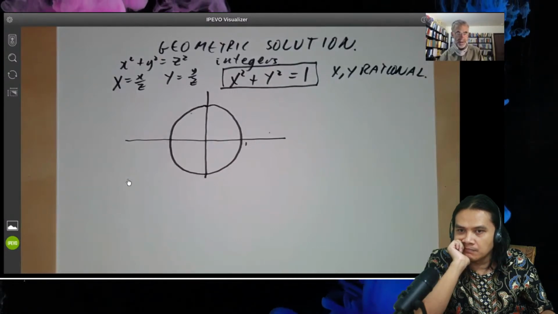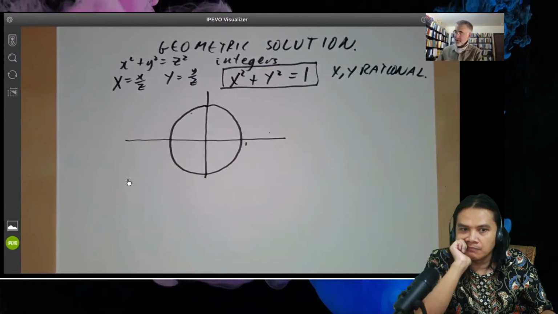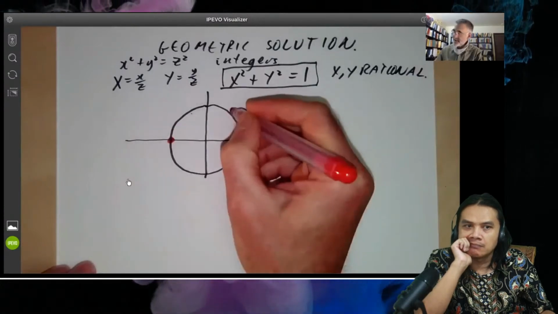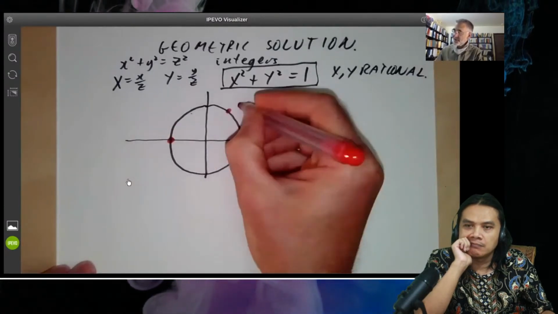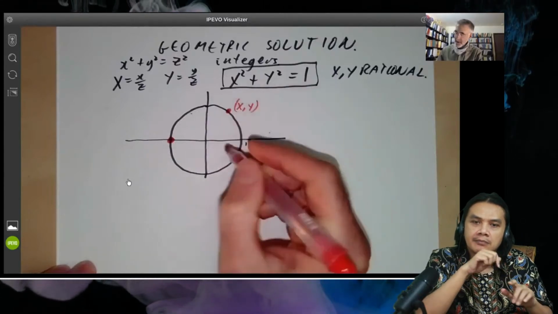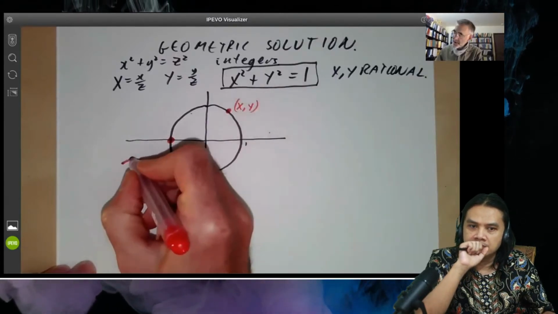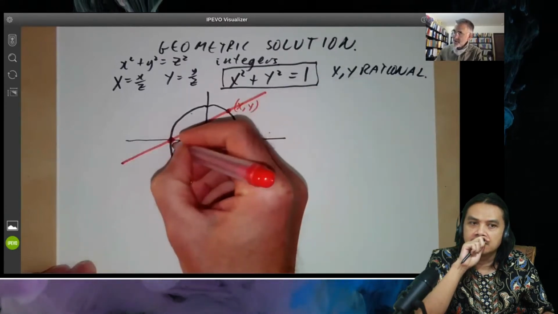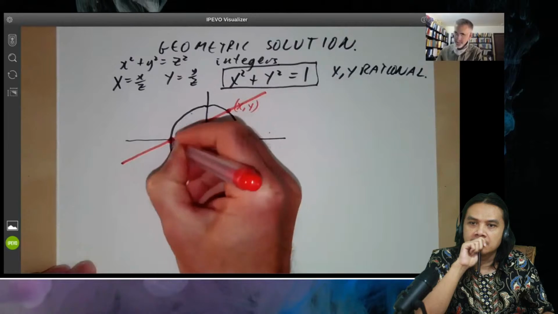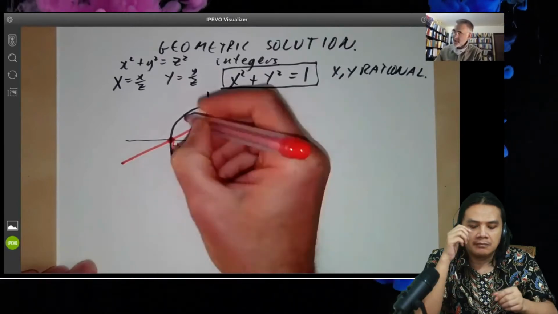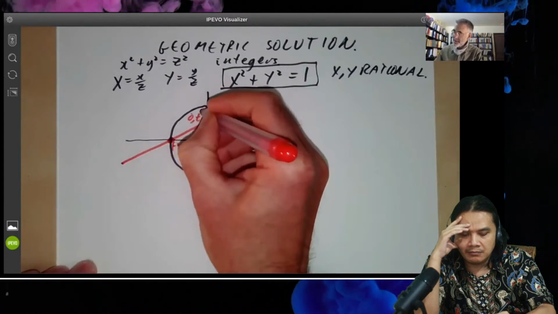And there's a very simple way of doing this. What we do is we pick this point here, and here we have some point with rational coordinates x, y, and we just draw the line through x, y and this special point (-1, 0), and it intersects the y-axis in a point (0, t).